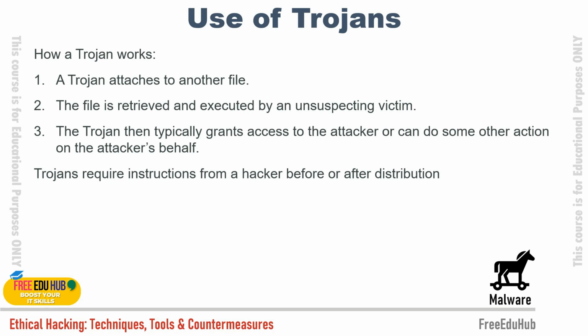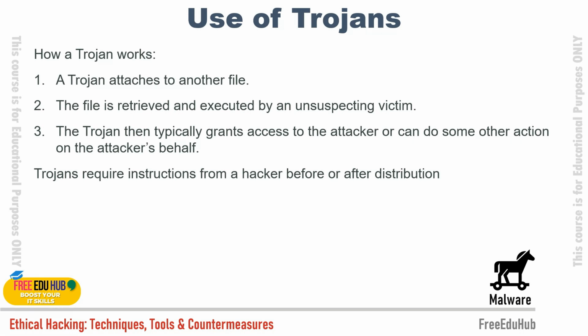Now, Trojans are commonly grouped with viruses in malware classification schemes, but this is not entirely correct. Trojans are similar in certain ways to viruses. For example, they attach to other files which the user or a person would carry. They differ, however, in that they are not designed to replicate on the computers.